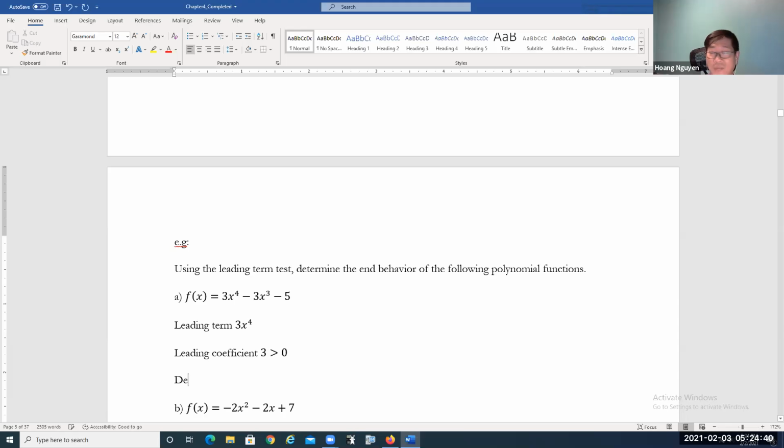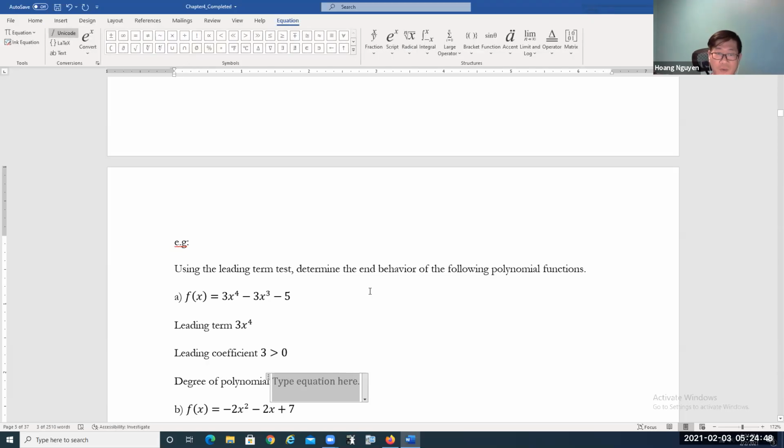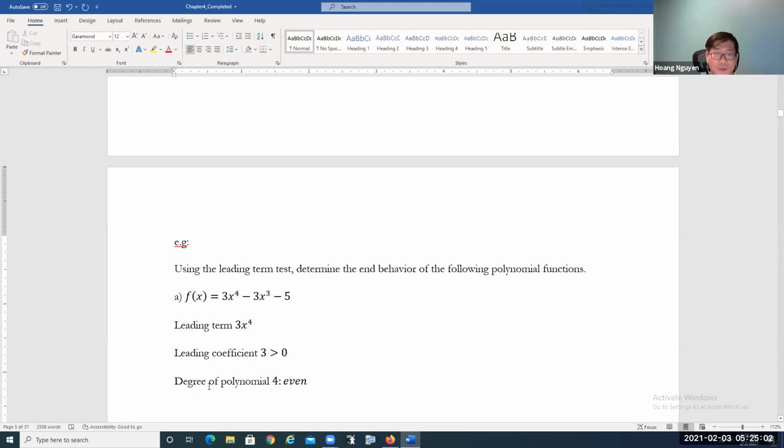What's going to be the degree of this polynomial? We have the leading term 3x to the power 4, so the degree of this polynomial is 4, and 4 is an even number. So we know that the degree of the polynomial is even, and we know that the leading coefficient 3 is more than 0.